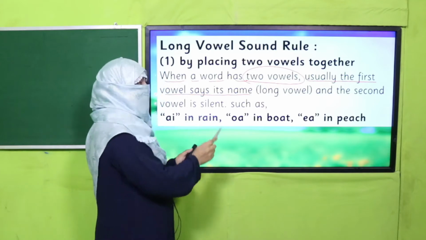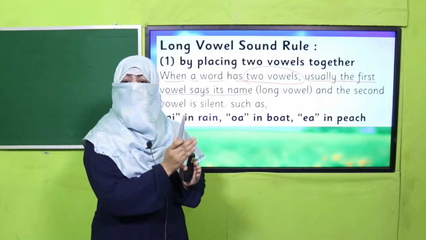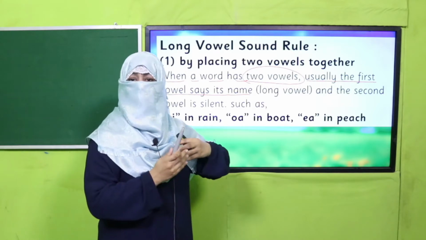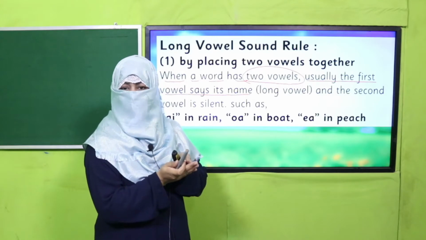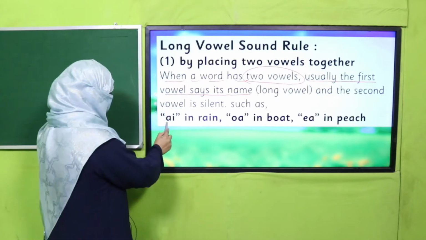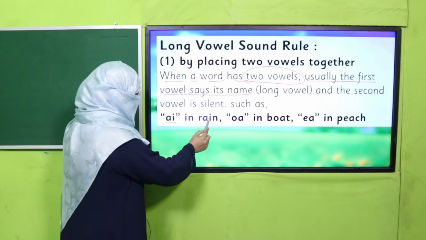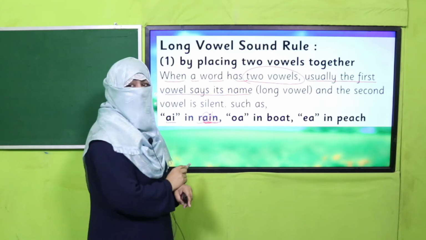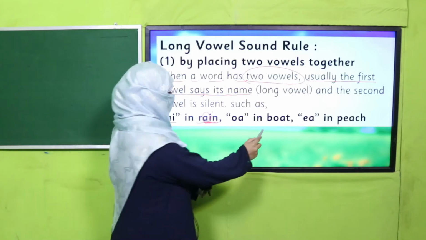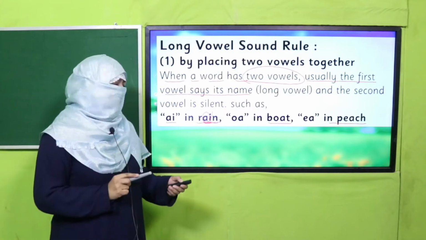So when two vowels are walking, you have to focus on the first vowel. It will say its long sound, and the second vowel is silent. This is what we have learned. And its examples are AI. So here, when we say rain, this I has no sound, and we say rain with long vowel sound A. Right? Likewise, boat, peach.